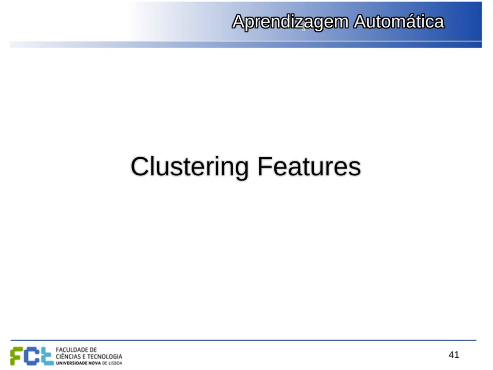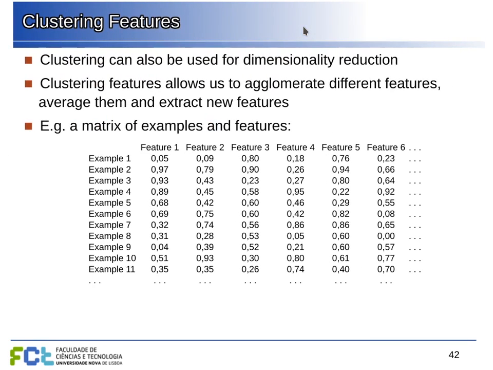So let's see another application of clustering, and we're going to use agglomerative clustering for this because of the connectivity constraints. But one possible application of clustering is, instead of clustering examples, we cluster features, and using that we can reduce the number of dimensions in our data. So the basic idea is this. Usually when we do clustering, we have each feature in a column in our matrix, and each example is a different row.